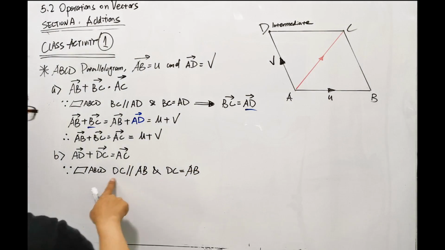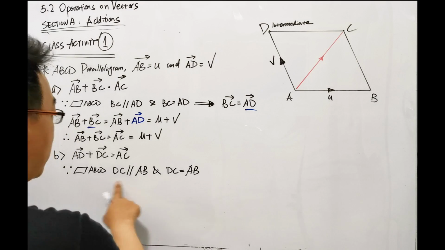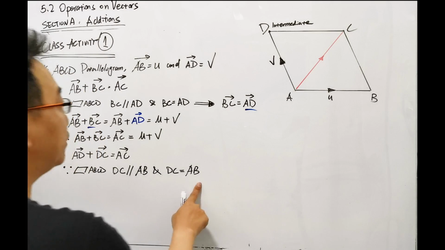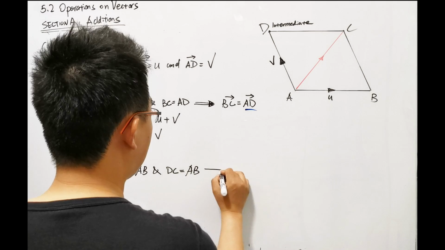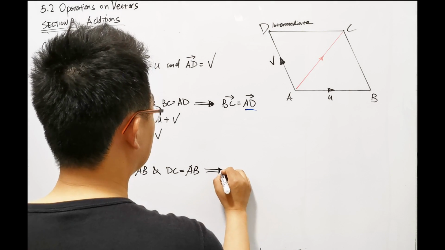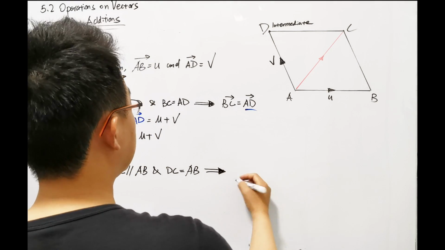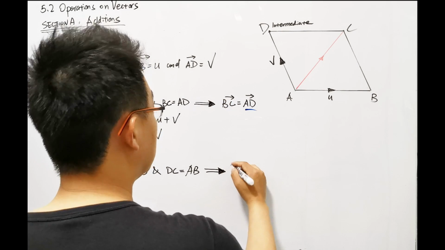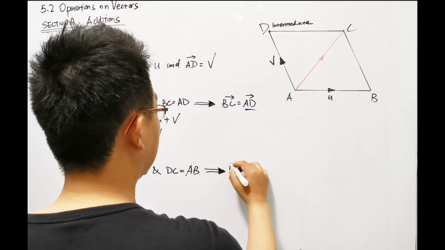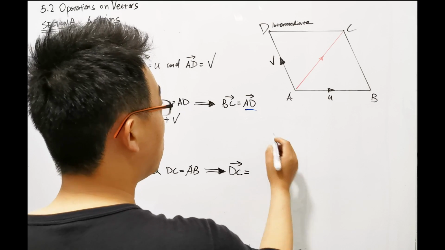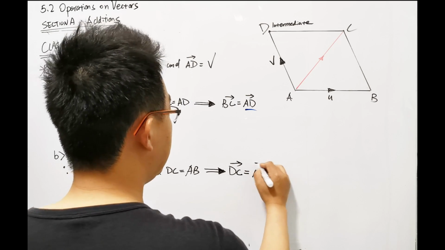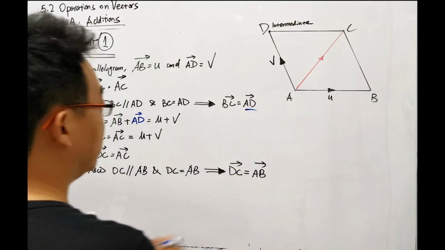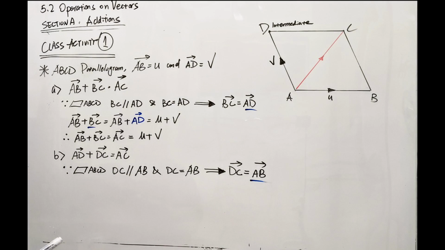So they have the same direction, parallel, and the same magnitude. So we can conclude that vector DC equals AB. That's very important.